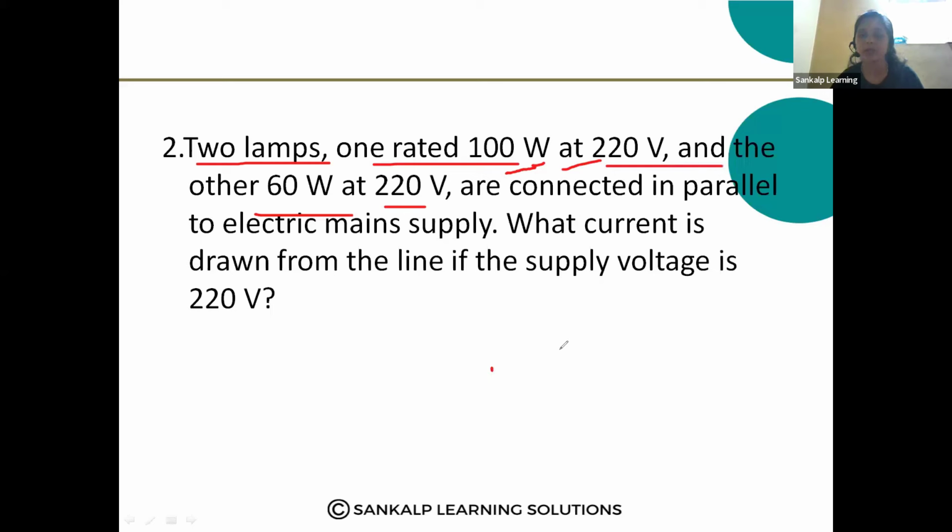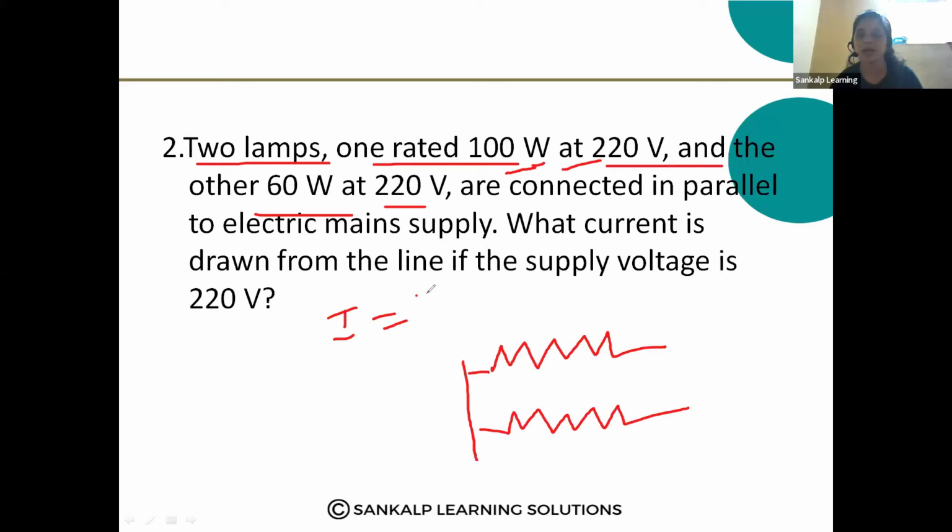So they both are connected in parallel, and we have to calculate the current flow, I. So when connected in parallel, you know I is equal to I1 plus I2, right? We have to calculate I1 plus I2.